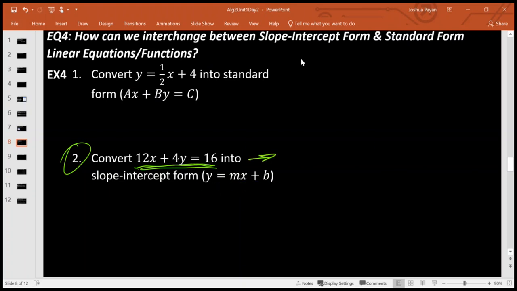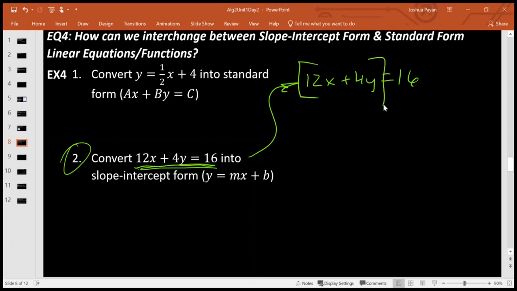So I'm going to rewrite, give myself some room, probably start up here. So 12x plus 4y is equal to 16. Okay, so what I want to start doing is trying to get y by itself, starting to isolate y by doing inverses of everything around the y, right? So everything on this side of the equation. Okay, so I'm going to do minus 12x to get rid of this positive 12x.